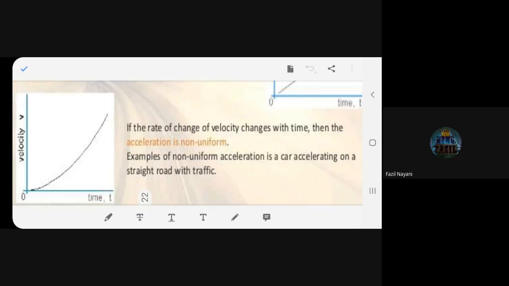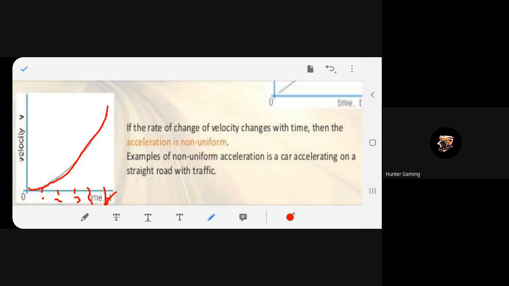For example, again we do the same. Over here, one, two, three, four, five, right? See how it is moving. It's changed. The velocity is different. At one it is different, at two it is different, at three, everywhere it is different.